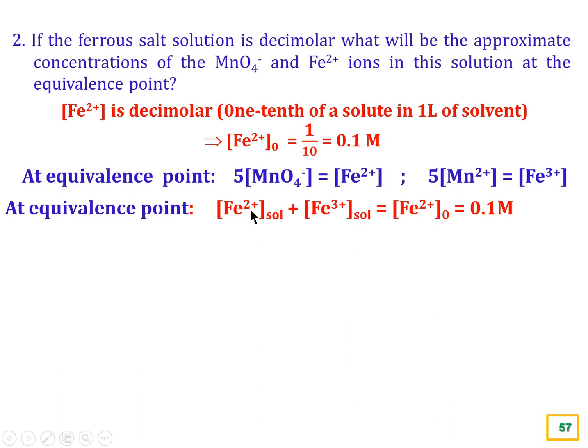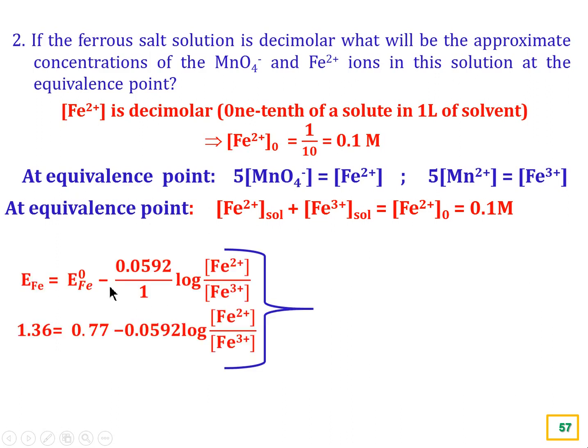So we have the first relation between the concentration of Fe2+ in the solution at equivalence and that of Fe3+. We apply the potential of the couple Fe3+/Fe2+ at equivalence. So E of the couple Fe3+/Fe2+ equals E0 minus 0.0592 divided by 1 log Fe2+ divided by Fe3+ concentration. This relation can be applied at any advancement of the reaction.